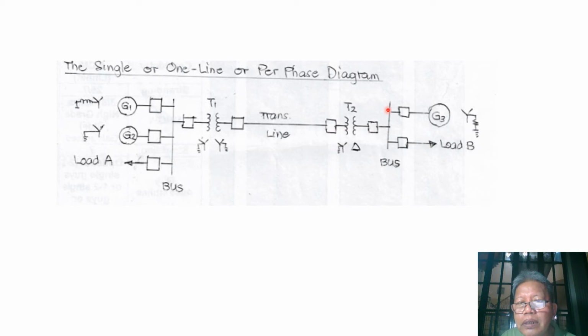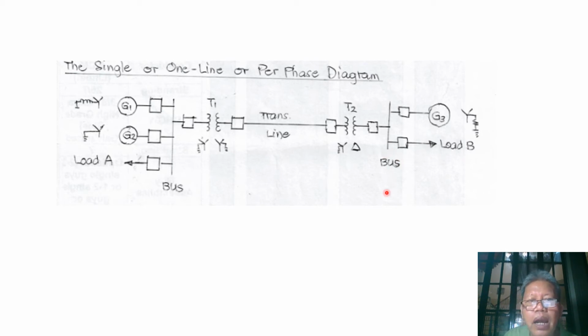Now we have here a bus where the low voltage side of transformer T2 is connected, and to this bus we have another generator G3 connected with its power circuit breaker, and G3 is resistance grounded. And then at this bus also we have a load, load B, connected to this bus.